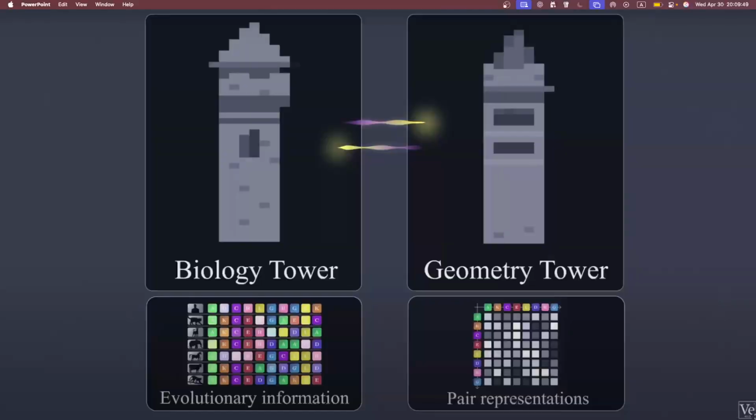Veritasium described our MSA as basically a biology tower. So basically, how do different amino acids correlate to each other? And then the template is the geometry tower, the geometry of our amino acid sequence. So instead of AlphaFold 1, we're using the biology tower to predict the geometry tower. We'll deal with geometry here because we need this information to derive actual distance.